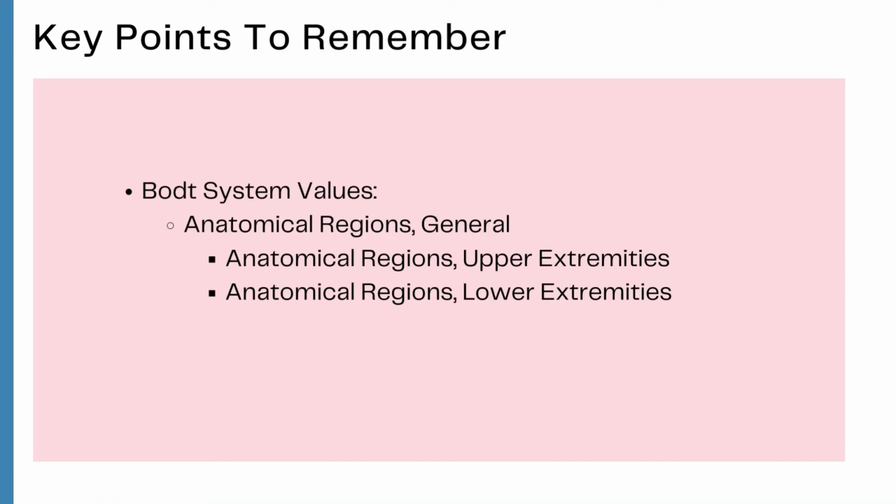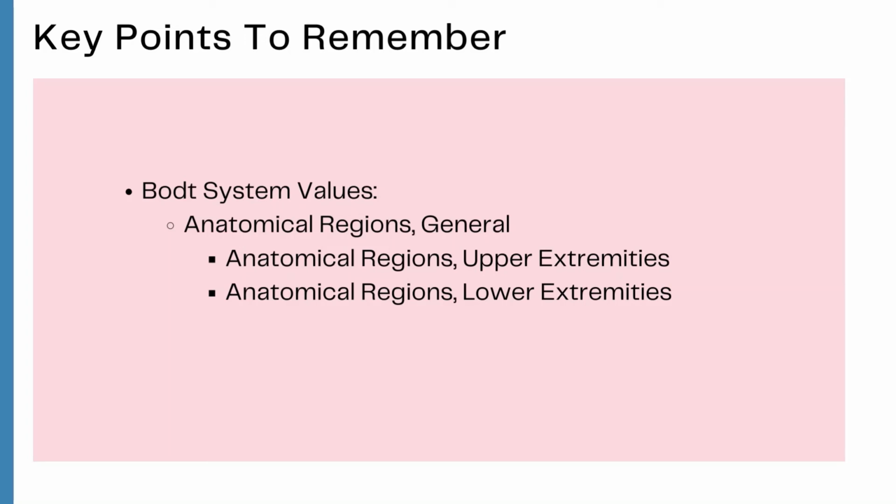Now, the key points from this video. There are three body system values in ICD-10-PCS for the second character, which are used when a procedure is done on body parts that involve multiple body systems: anatomic regions general, anatomic regions upper extremities, and anatomic regions lower extremities. For example, anatomic regions general is used when procedures are done on body cavities like the pleural cavity, thoracic cavity, and abdominal cavity.